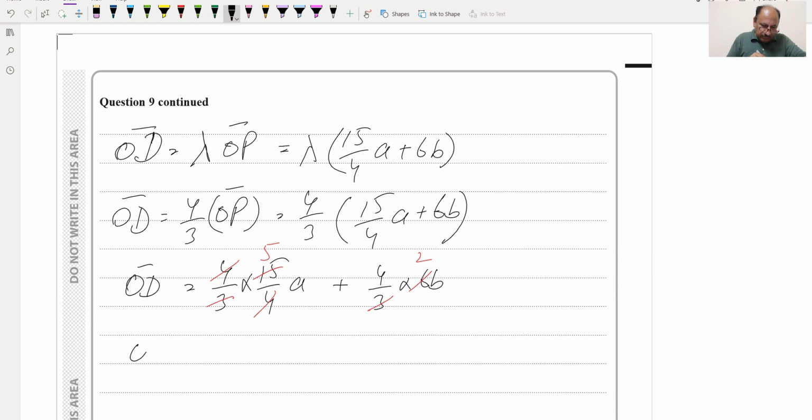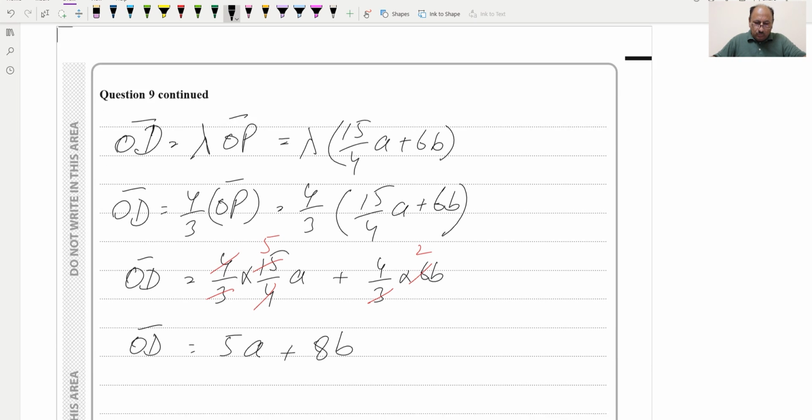So this will result in OD is equal to 5A plus 8B. So this is what we got, OD value.